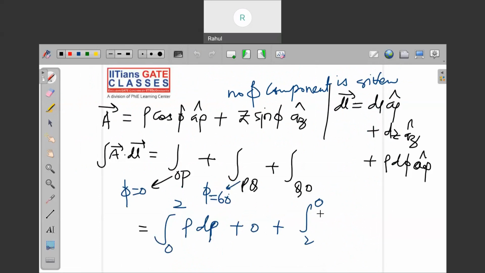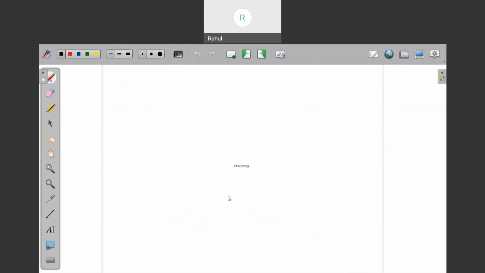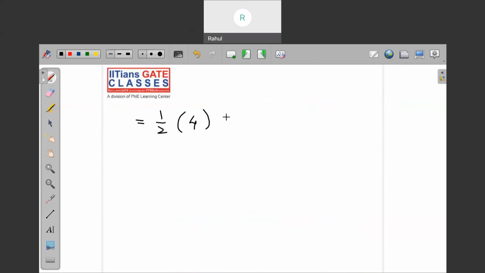So what is cos 60? That is 1 by 2. So rho by 2 d rho. This is a very easy integral. What you will get here is 1 by 2 into 4 plus 1 by 4 into minus 4, so 2 minus 1, that is 1.